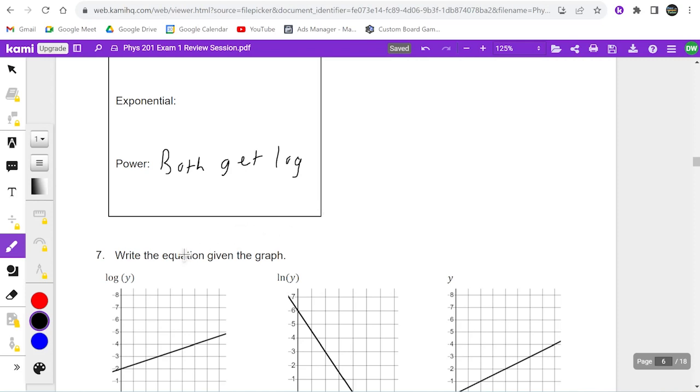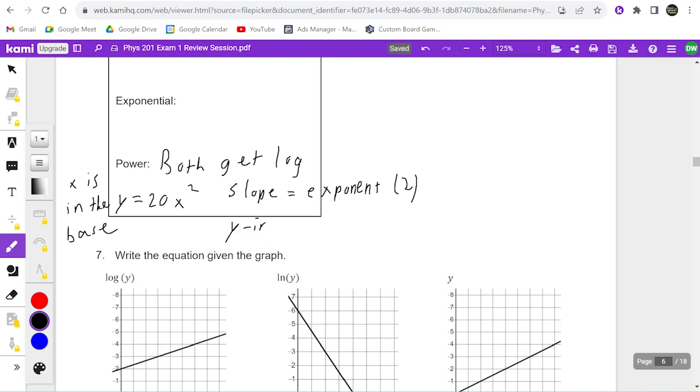But let's just say I have y equals 20 times x squared. Notice x is in the base for the power. In this example, the slope is always my exponent, so 2, and the y-intercept is always going to be whatever log you choose of the thing in front.